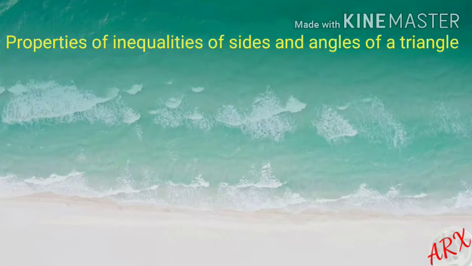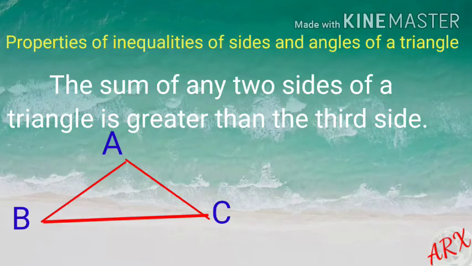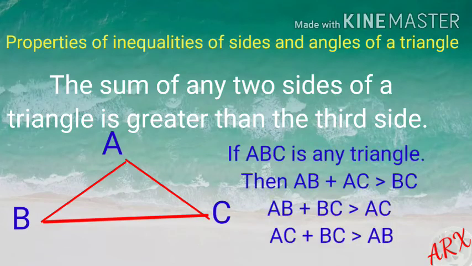Third property. The sum of any two sides of a triangle is greater than the third side. For example, in triangle ABC, AB plus AC is greater than BC, AB plus BC is greater than AC and AC plus BC is greater than AB.